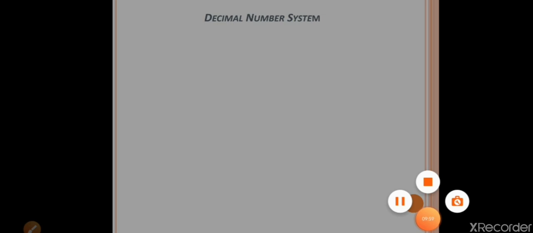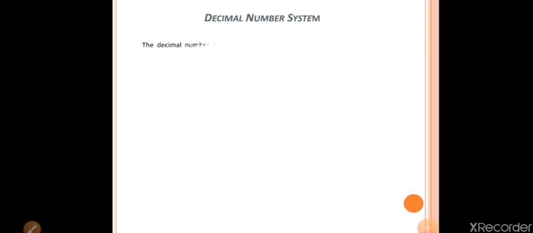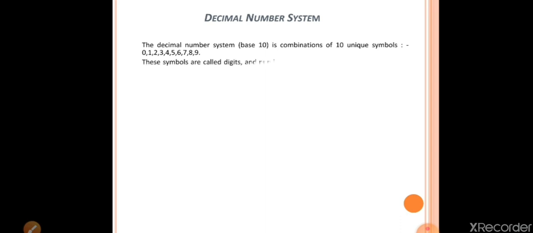Now, first one, that is the decimal number system. The decimal number system, base 10, is a combination of 10 unique symbols, that is 0, 1, 2, 3, 4, 5, 6, 7, 8 and 9.